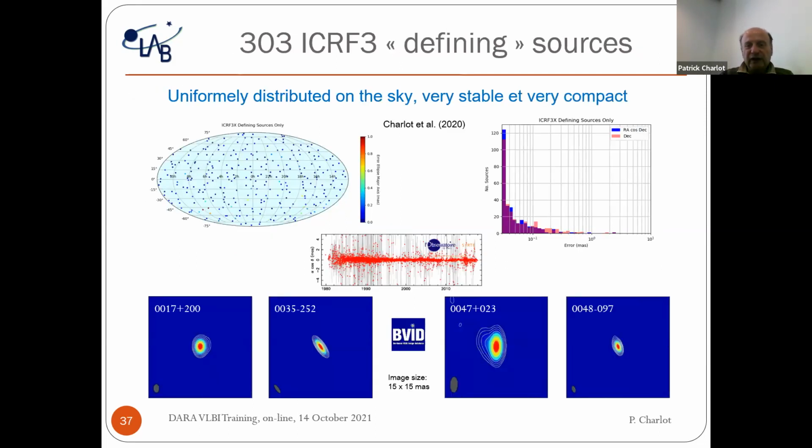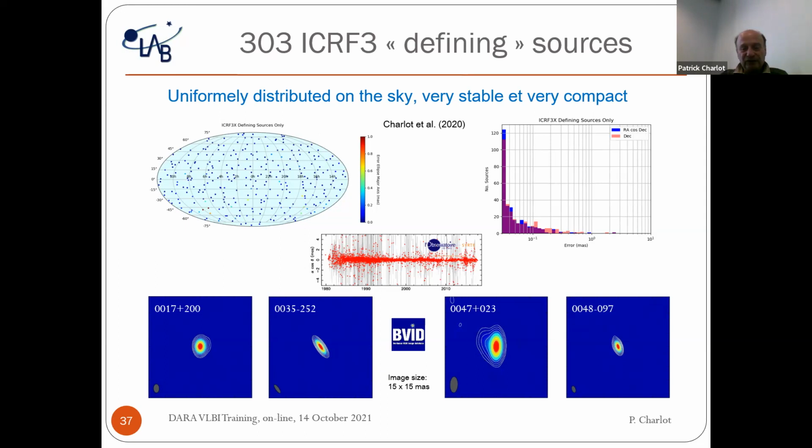Among these sources, there is a small set which we call defining sources, and these were selected from the larger set in order to have a uniform distribution on the sky. These are sources with very stable positions and that are very compact, because some sources are more or less extended, but we choose very compact sources.